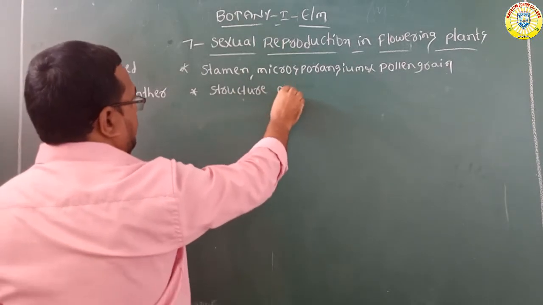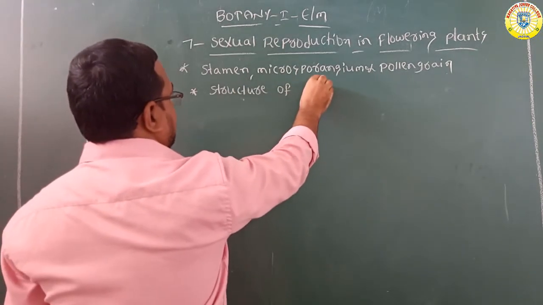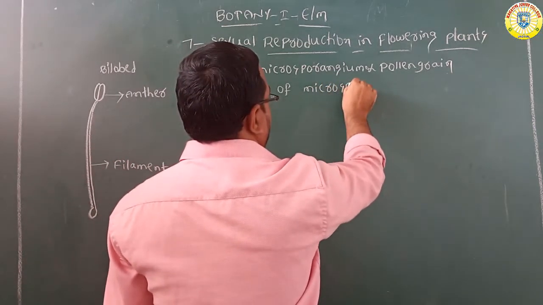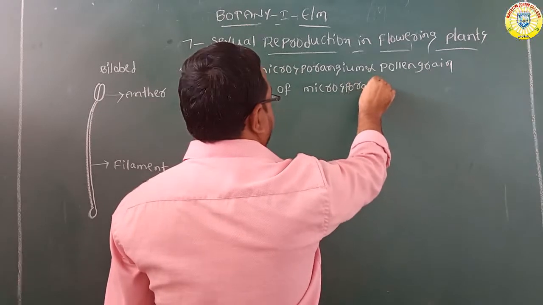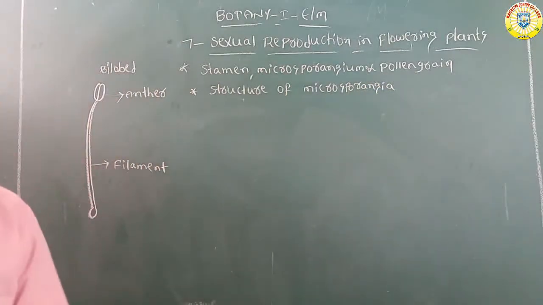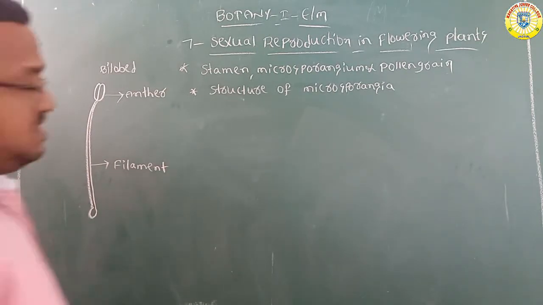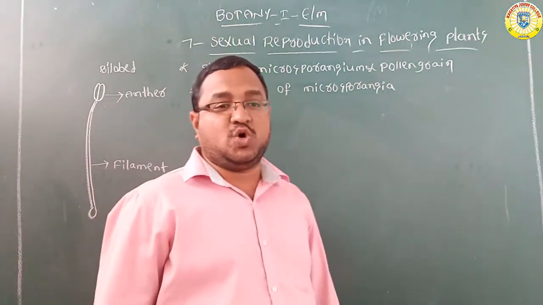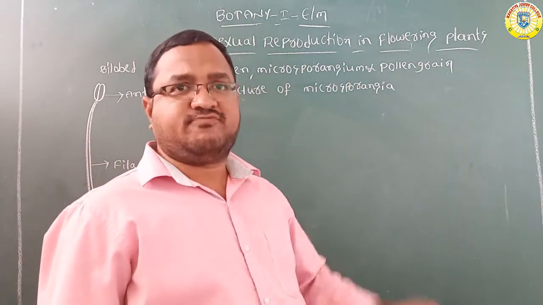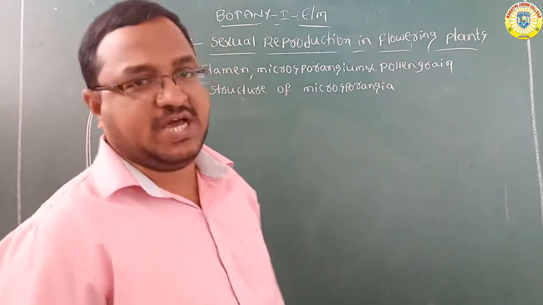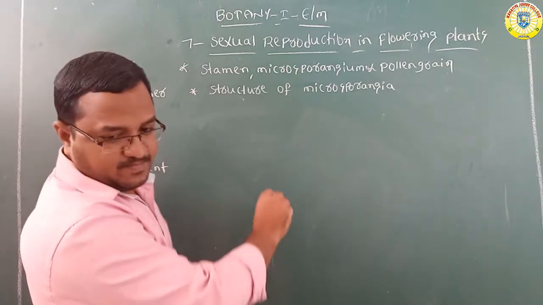Here you can see, Nani. Before I said four sides are there, two lobes are there, each lobe having two sac-like structures. That is called microsporangia.